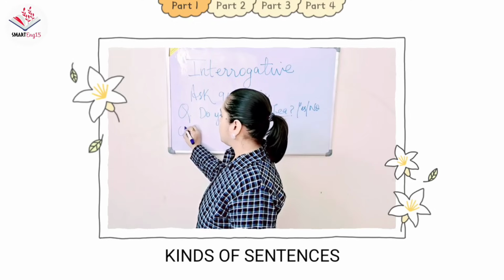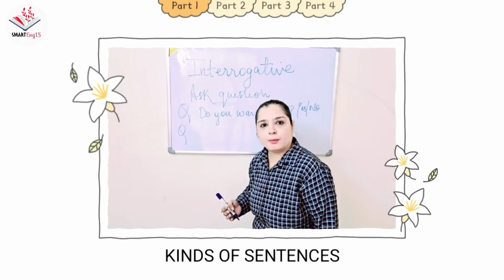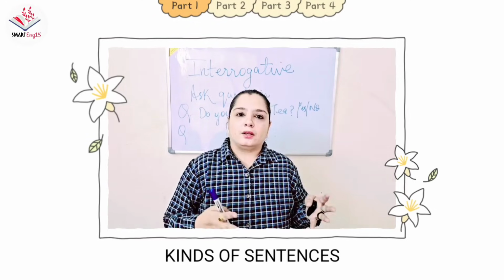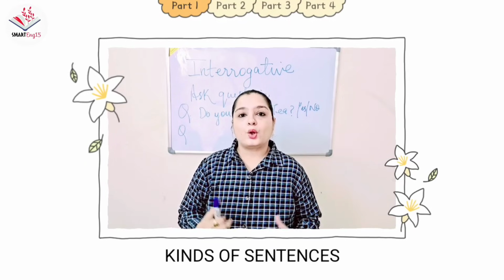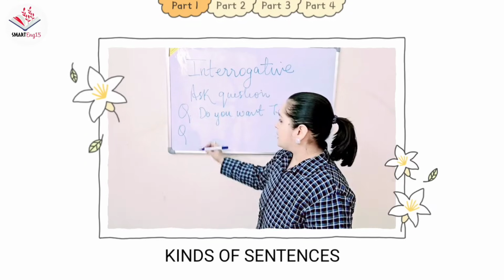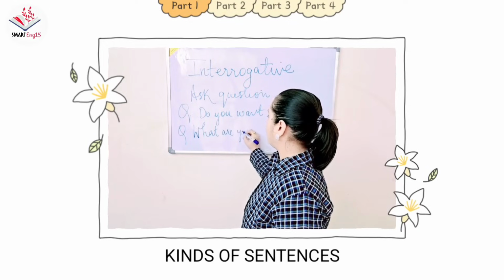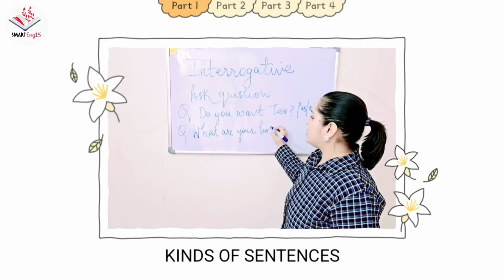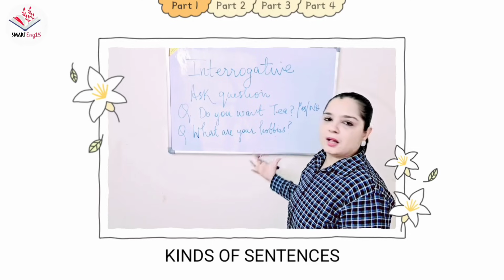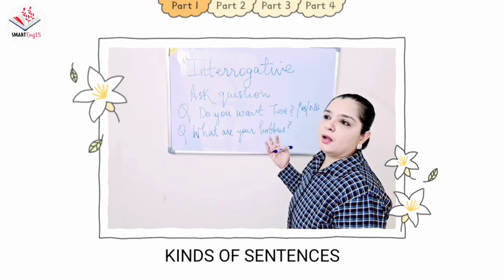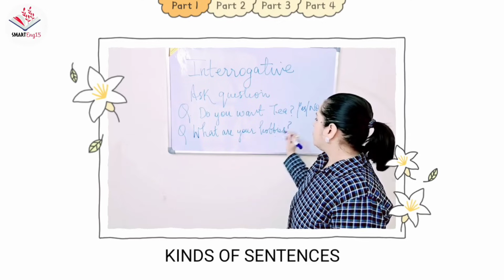Now let us talk about the second kind of question, which starts with the WH family. What is the WH family? It's the questions which start with WH, like where, why, what. Let's take an example. What are your hobbies? Now you cannot answer this question in yes or no. You have to give a proper answer, that my hobbies are playing cricket or reading books, whatever.